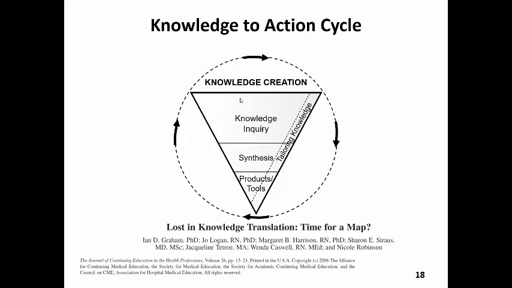Now the funnel here begins theoretically with the creation of new knowledge, but that new knowledge that is created through research does start to narrow until it gets to a very specific product or tool. But to get to this point in the funnel, the end users, the practitioners, must have identified a reason to access that knowledge.